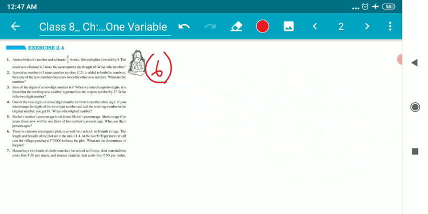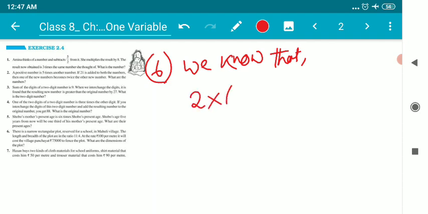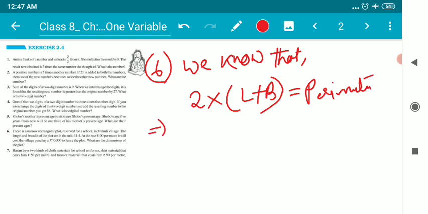We know that 2 into (length plus breadth) is equal to perimeter. Yes or no? Of course. Now 2 into, what is the length, children? Length was 11x.